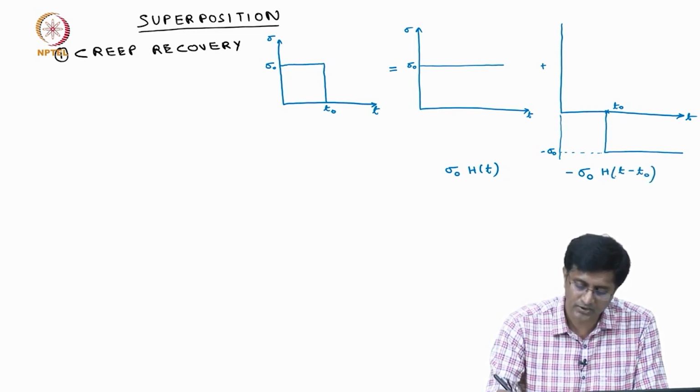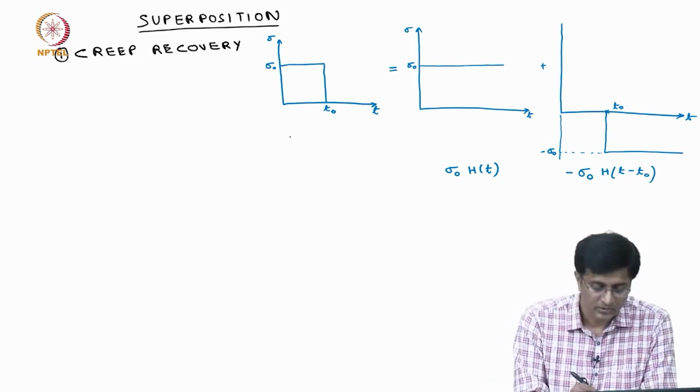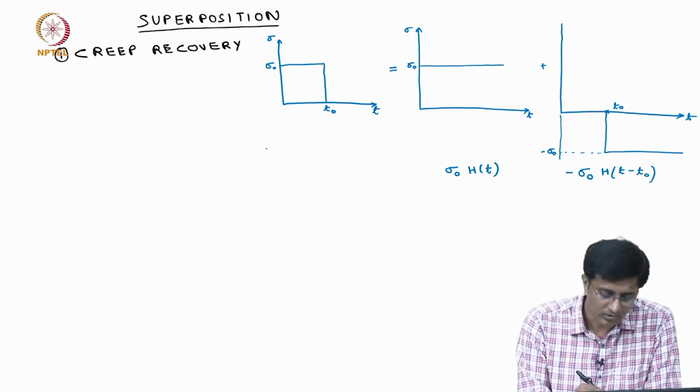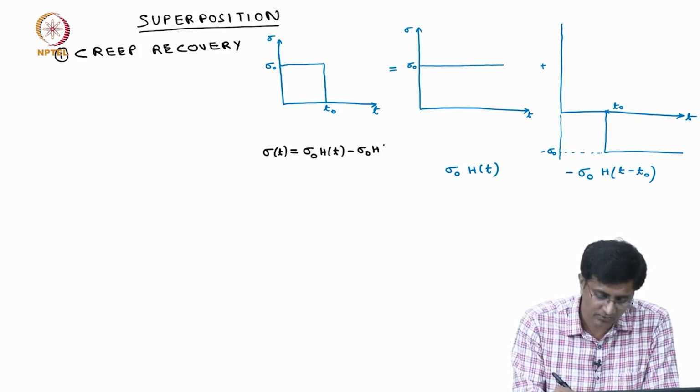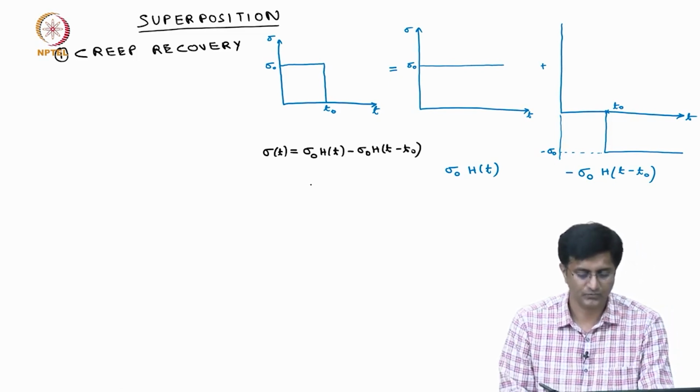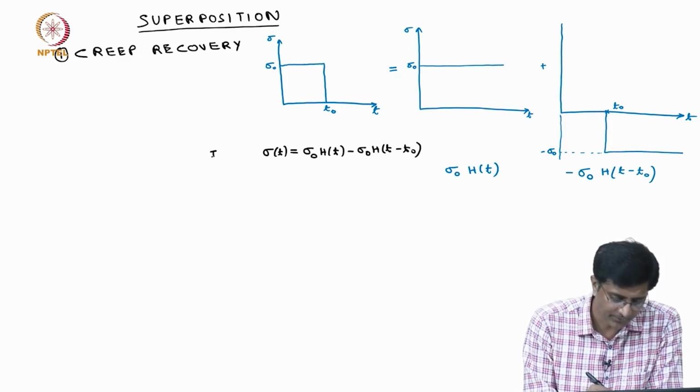So, we write it as h of t minus t naught. So, the creep recovery load can be written as sigma of any time t is given as the first step function, sigma naught h of t, minus the second step function, sigma naught h of t minus t naught. This will be our input.